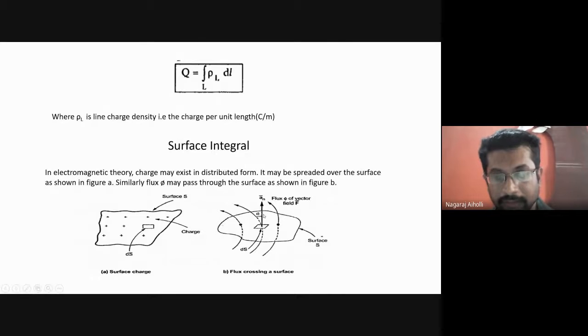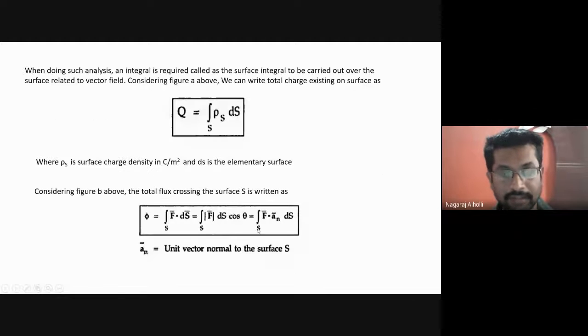If I integrate with respect to an bar, the magnitude is f bar and the direction is an bar, then I will get the same thing again. That is the total flux crossing the total surface, given here. It is the surface integral f bar dot an bar with respect to the surface. What is an bar? It is the unit vector normal to the surface.